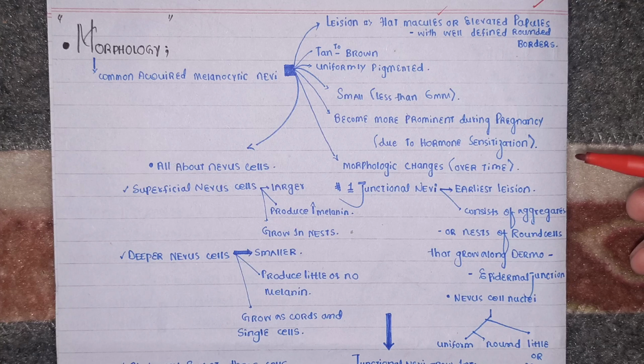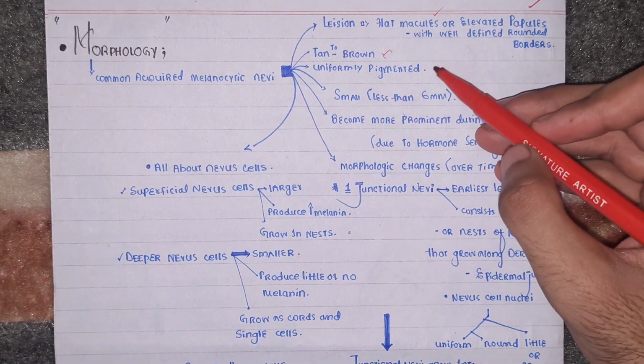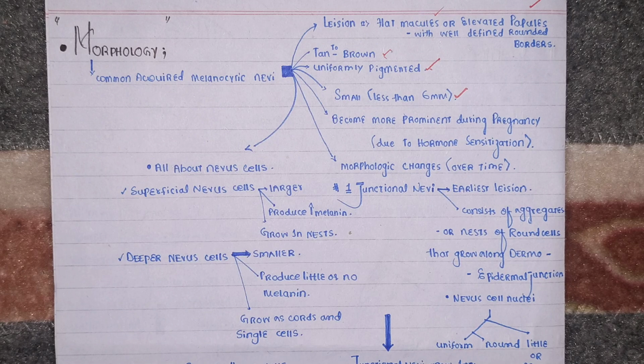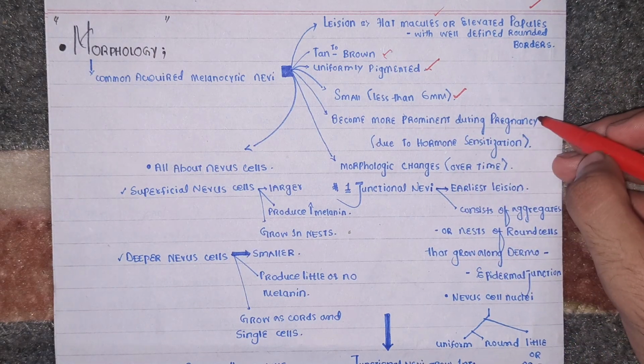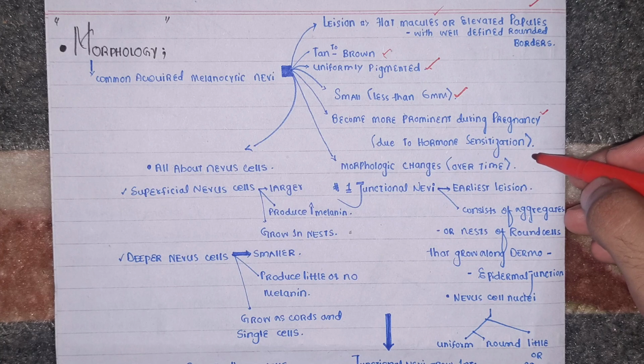And it depends on how deep the melanocytes have gone. The lesions which appear on the skin tend to be brown. They are uniformly pigmented, less than 6 millimeter. They become more prominent during pregnancy due to hormonal surges, sensitization.